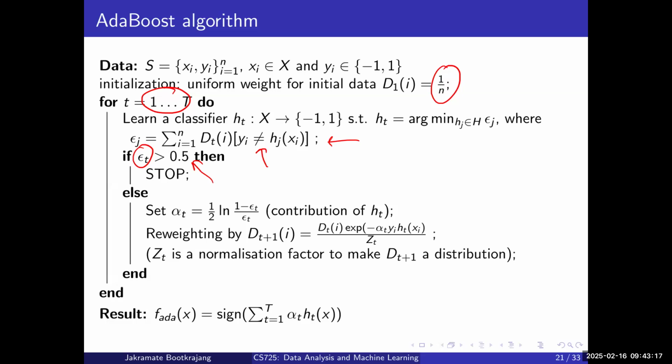If the error rate is greater than 50%, it means that it's worse than chance, right? And we talked about it when we listed the conditions for a good example. The first one is that it has to be better than chance, so the error rate has to be less than or equal to 0.5.